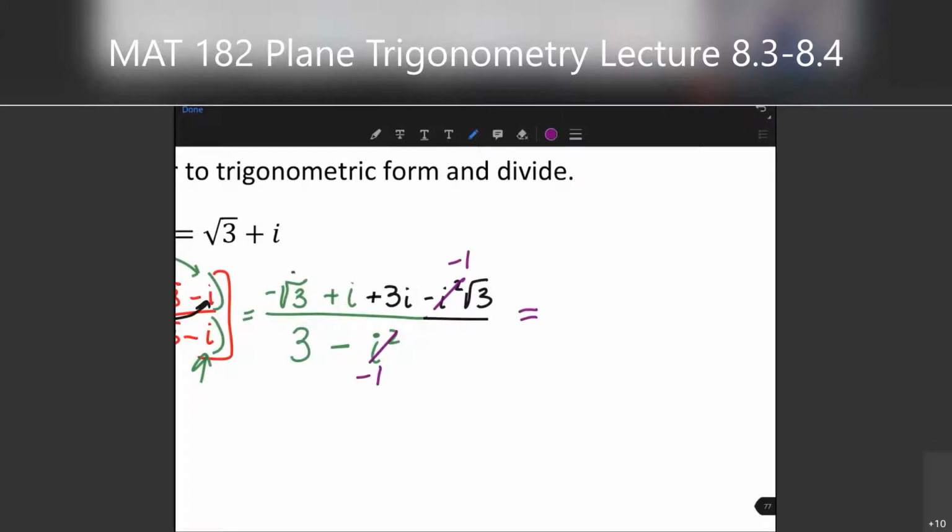Notice that we have negative square root of 3, and then a negative square root of 3 times -1. So this will actually turn to a positive square root of 3 with that product, and those will cancel. I'll just be left with 0. All right, that looks good. And then our imaginary piece, i and 3i give me exactly 4i, right? So I'll have 4i.